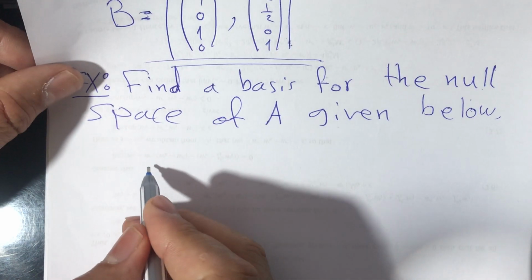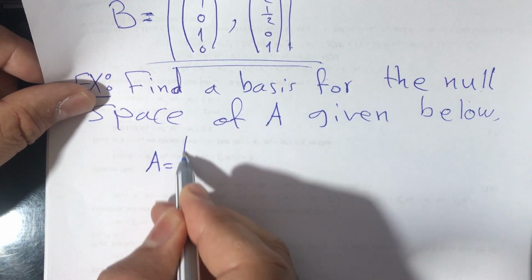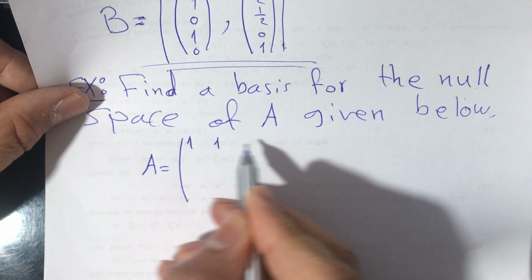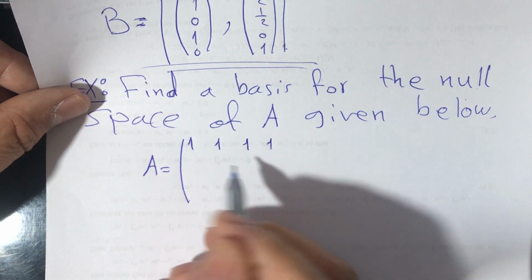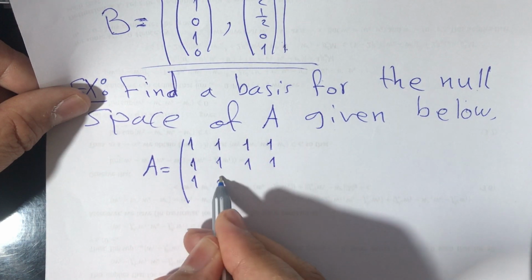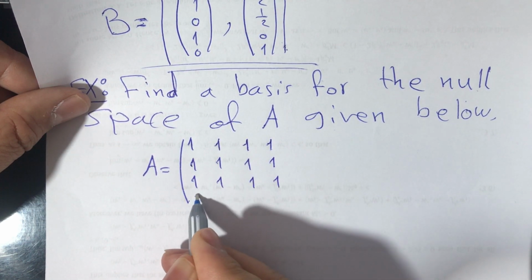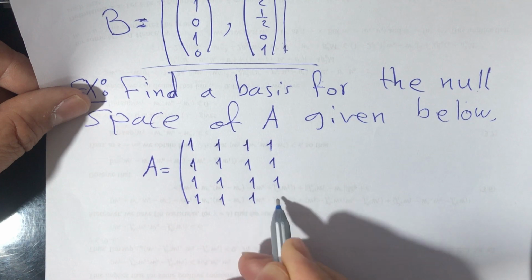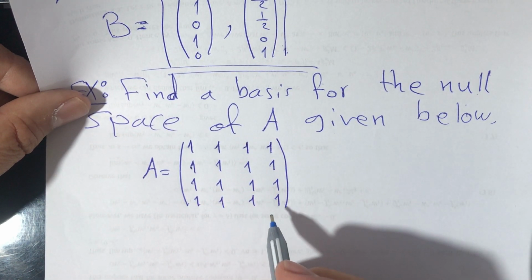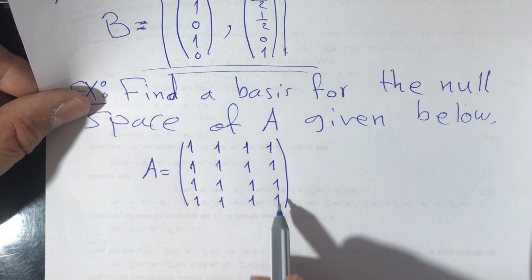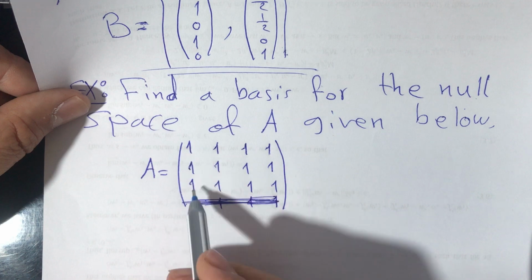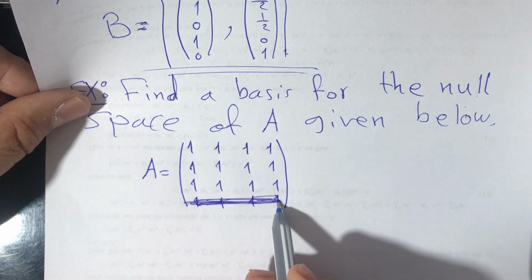This is A. Ones, 1, 2, 3 here and 4. This is also 1, and this is also ones, and the fourth one also ones.